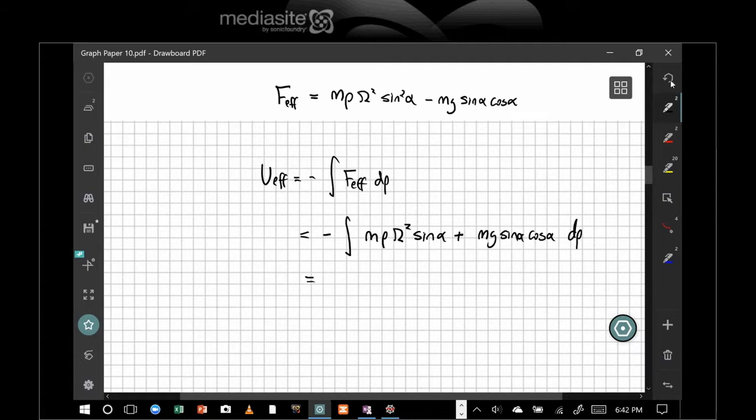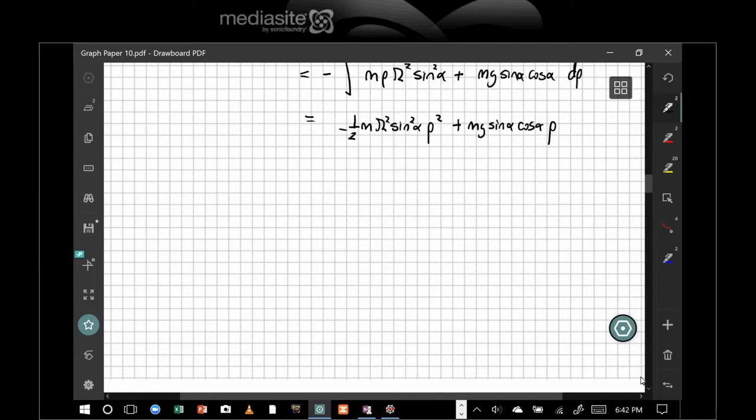The first term is going to give me minus 1/2 m omega squared sine squared alpha rho squared, and then the other one is going to give me mg sine alpha cosine alpha rho.